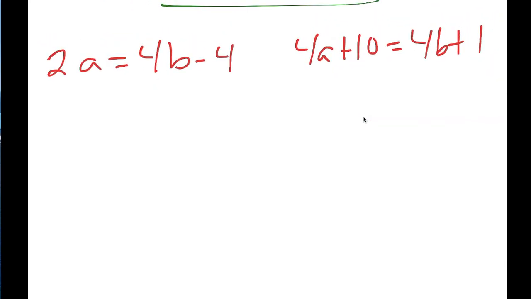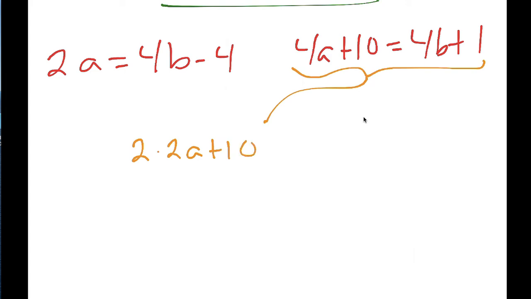Now I'm going to do something a little bit tricky and unique with this equation right here. I'm going to write this as 2 times 2a plus 10, because that's just 4a, equals 4b plus 1. The key to doing that is notice that I can take this and plug it right in there, because that's what 2a equals.